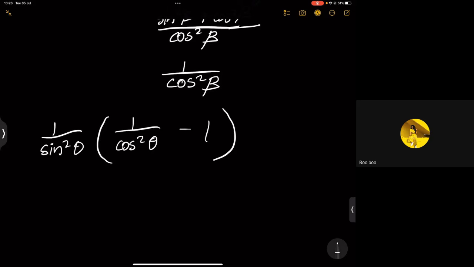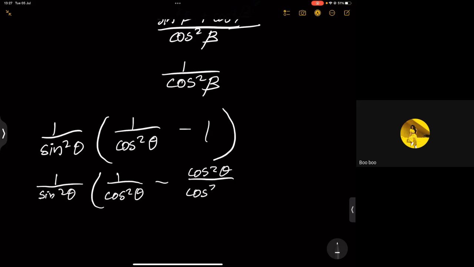Can you please take us through this one? What would we do? Okay, so in the brackets, I would change the 1 into cos squared theta over cos squared theta. I leave this one as is.